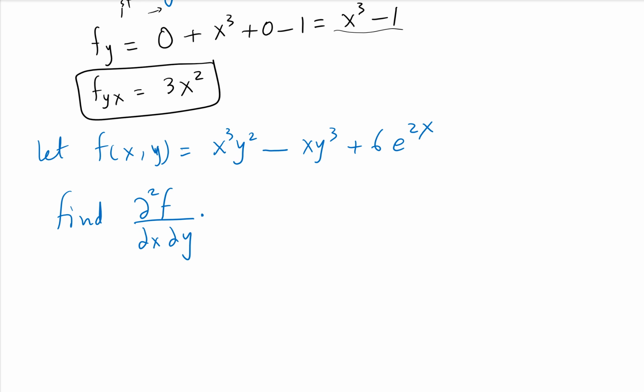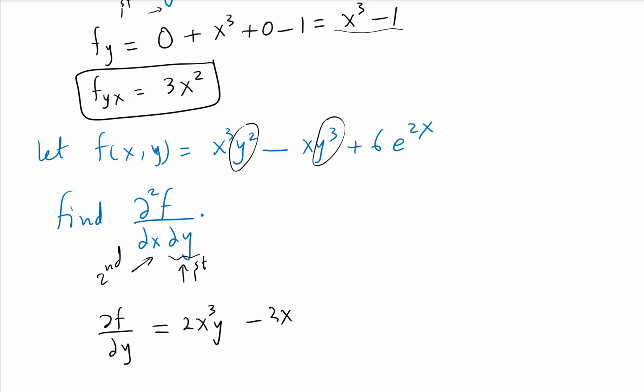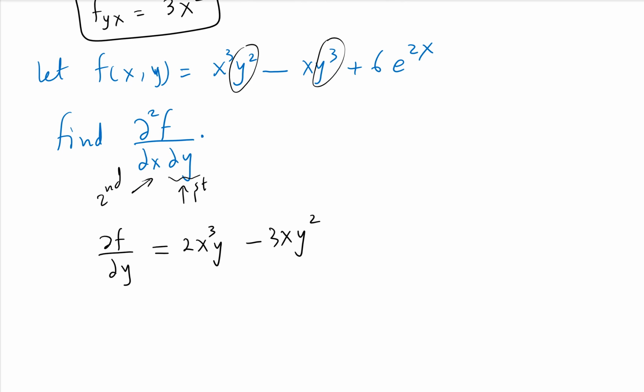For the next one, remember we do this one first, then this one second. So we find the partial of f with respect to y first, which is keep the x squared out. The derivative of y squared is 2y. Keep the x out. The derivative of this is 3y squared plus 0.